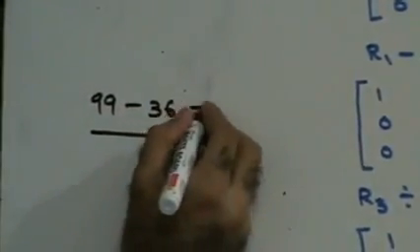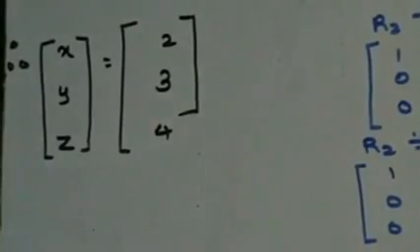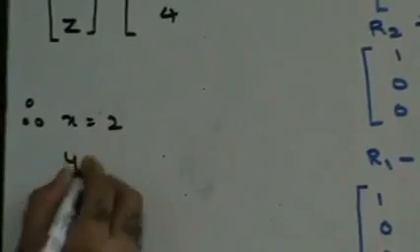And the last one is 16 as a common denominator, 99 minus 36 plus 1, 64, 4, right? Therefore you will get X is equal to 2, Y is equal to 3 and Z is equal to 4, right? That's how you solve the sum if they tell you to solve the sum by inverse method.